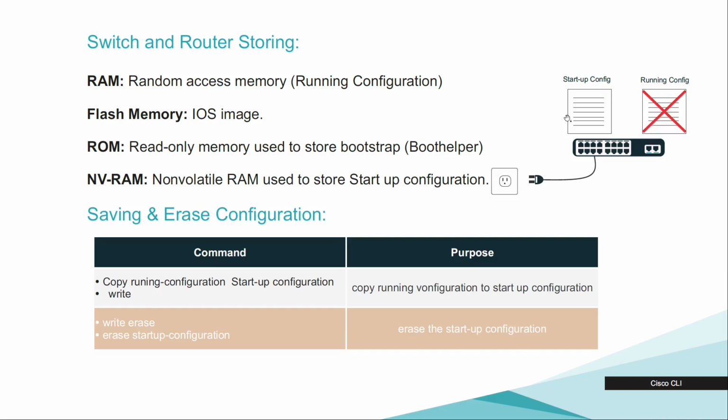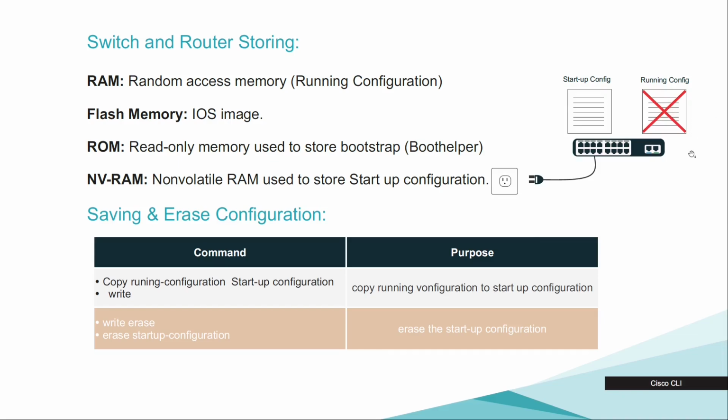When we purchase our switch and start to configure it, let's say after we enable or configure one of the interfaces, our configuration will be saved in something called the running configuration. If we reload our switch or disconnect the power, the running configuration will be erased.